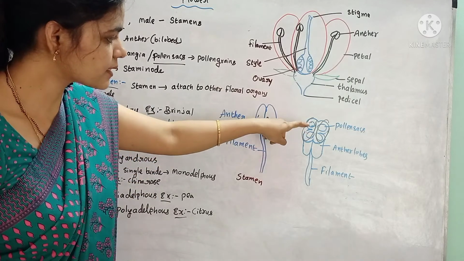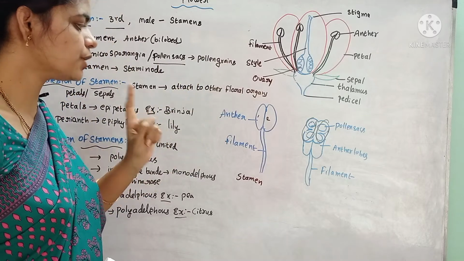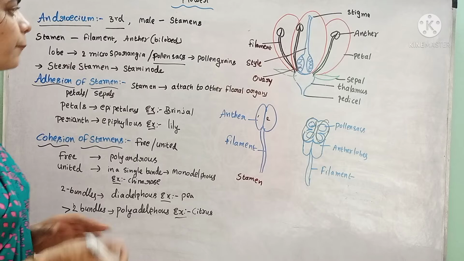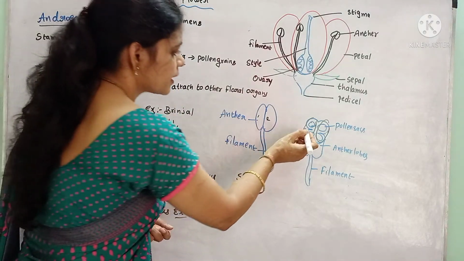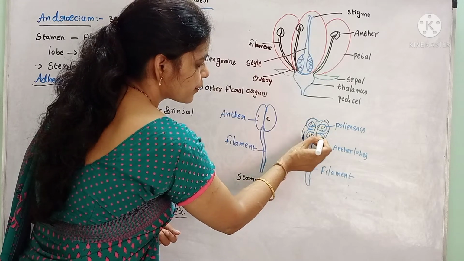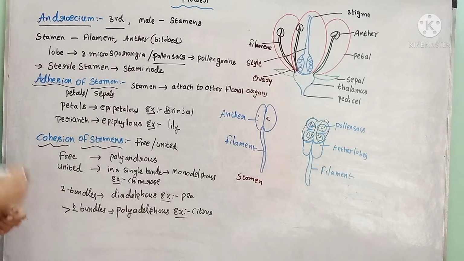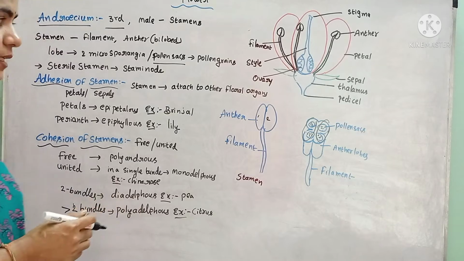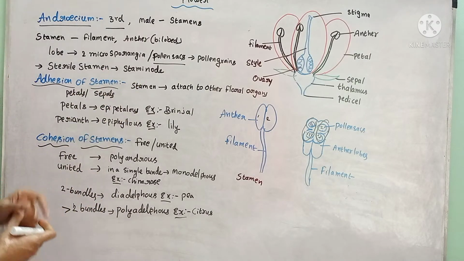See, this is one pollen sac, this is one pollen sac. So totally in each stamen, how many pollen sacs are present? 4 pollen sacs, and these produce pollen grains, which consist of male gametes. The sterile stamens are called staminode.